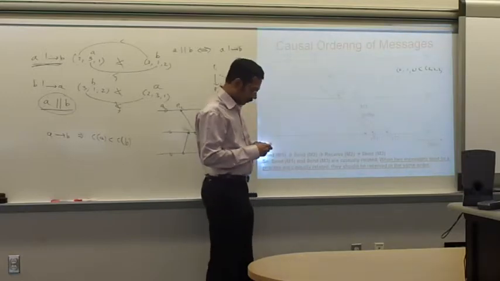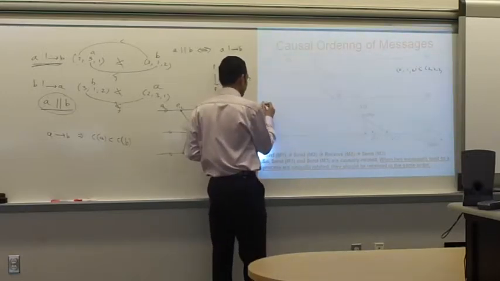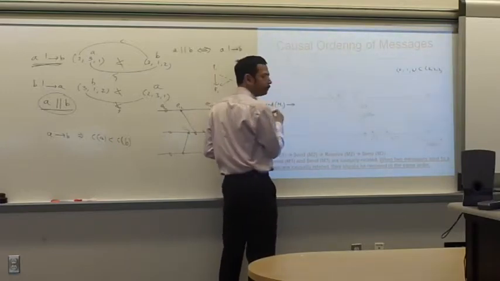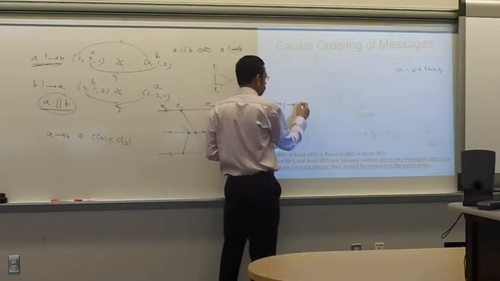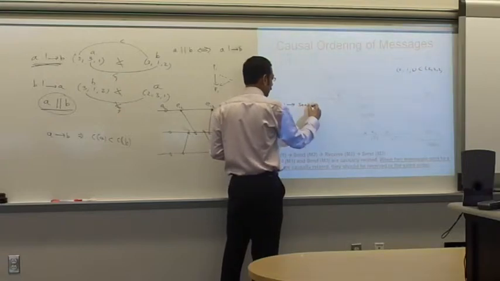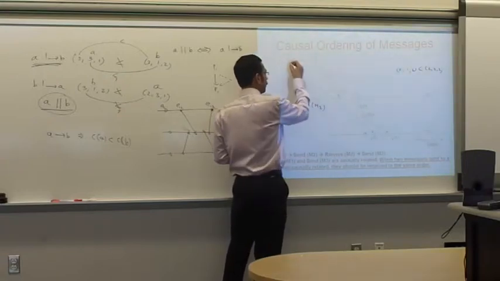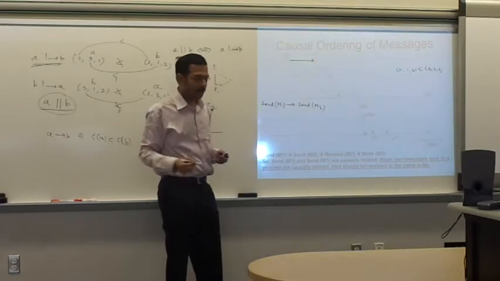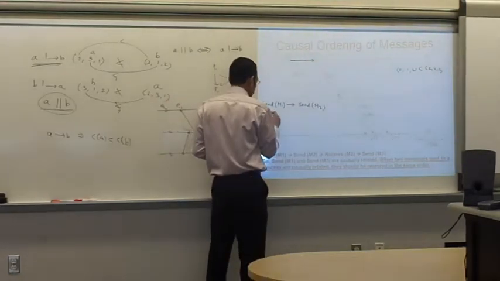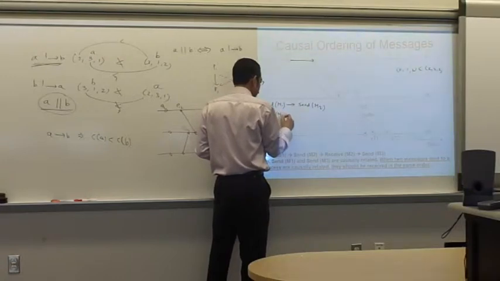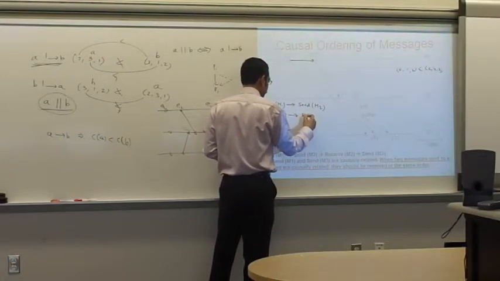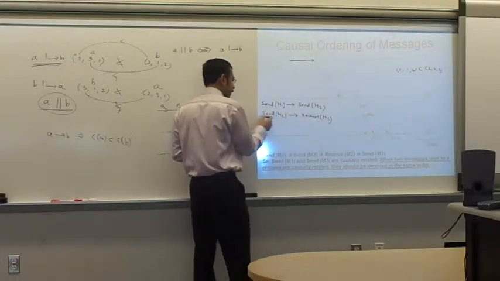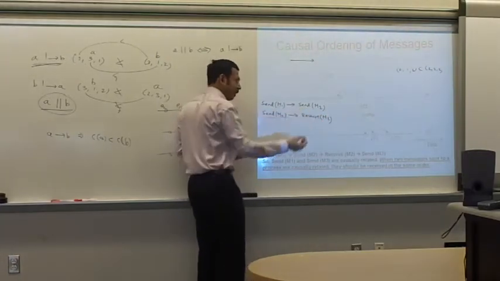Now you see here, the sending of message 1 happened before, for sure, the sending of message 2. And of course, you can only receive after it was sent. So the sending of message 2 happened before the receiving of message 2.